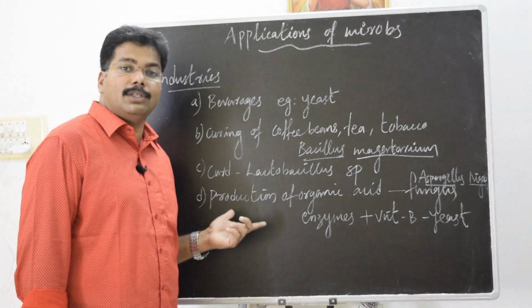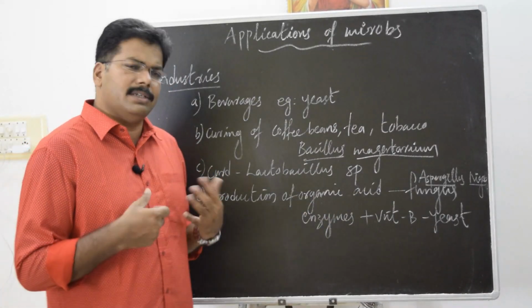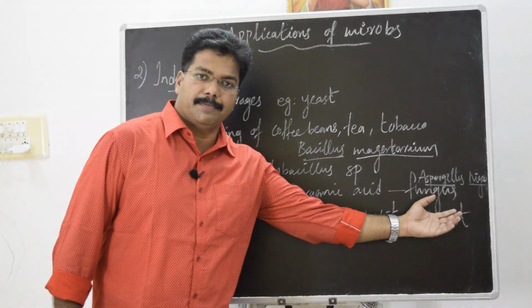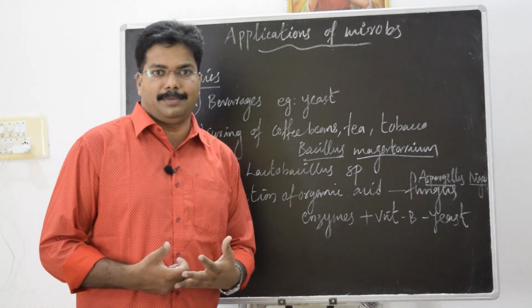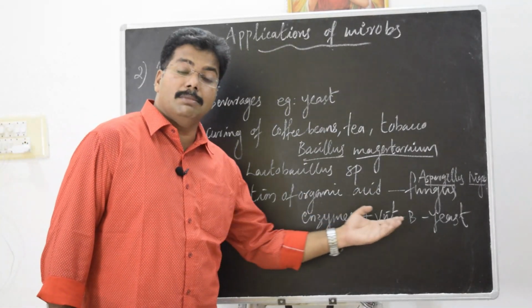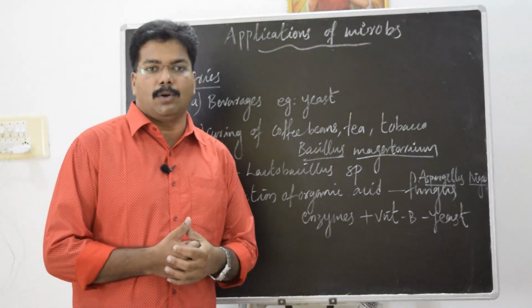Looking at the next uses, various organic acids like oxalic acid and citric acid are produced by various fungi. We can extract them and use them. Enzymes and vitamin B complex are produced mostly by yeast and other microbes.